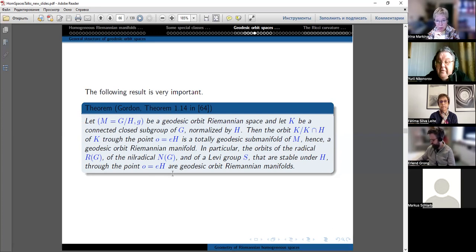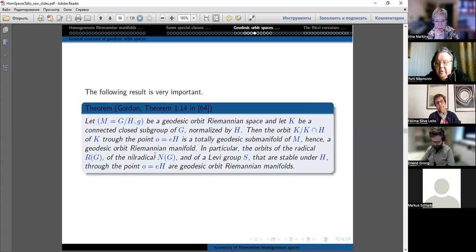Hence, if we have some general geodesic orbit Riemannian space, then it generates other geodesic orbit submanifolds, naturally related to the initial space, with some special subgroups.